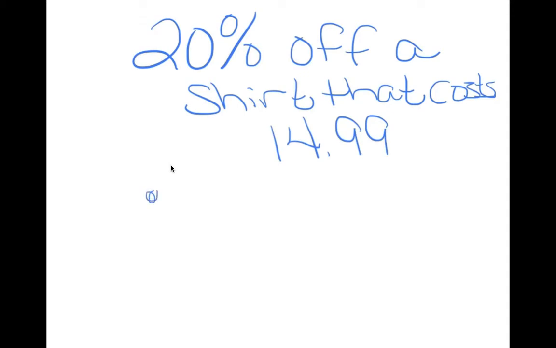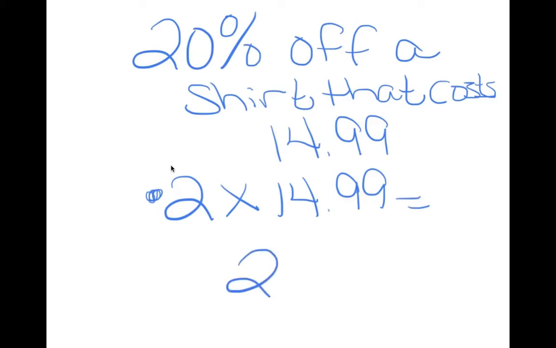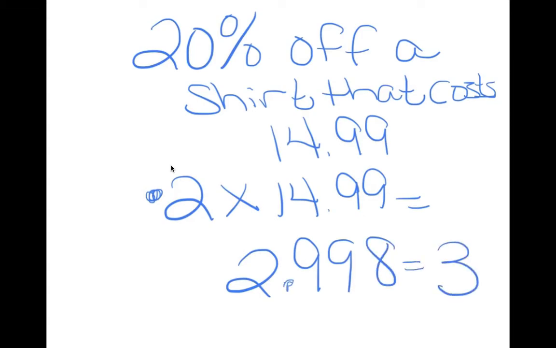So we do 0.2 times $14.99. In this case, because you have a decimal in your price, you probably just want to convert your percent to a decimal, because decimal times decimal is a lot easier than trying to do a fraction times a decimal. So let's go ahead and calculate that out. If I multiply 0.2 times $14.99, I get $2.99. It's actually 2.998, which I would just round to $3. So we will save $3 on the shirt.